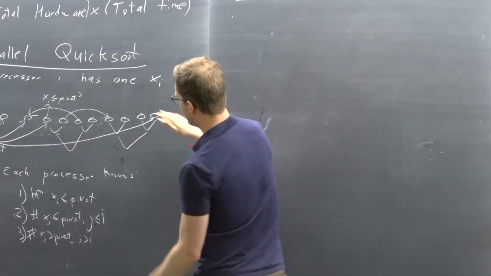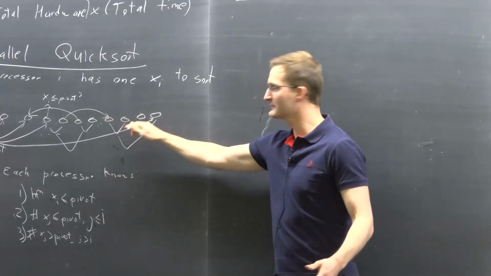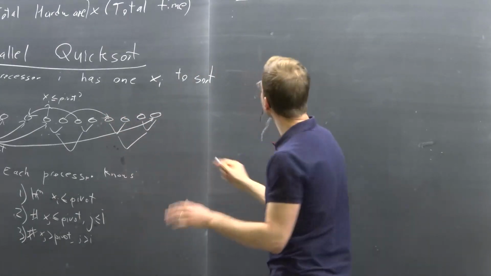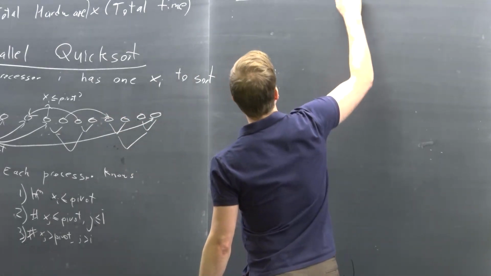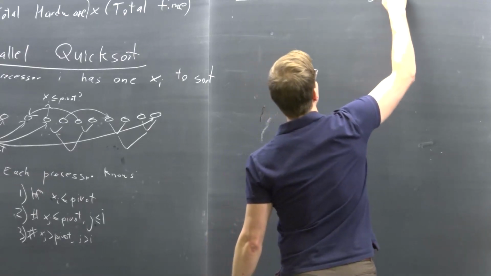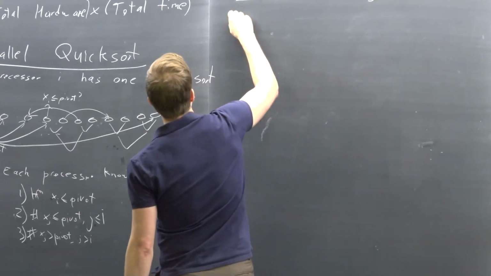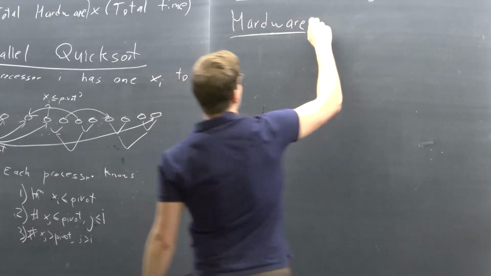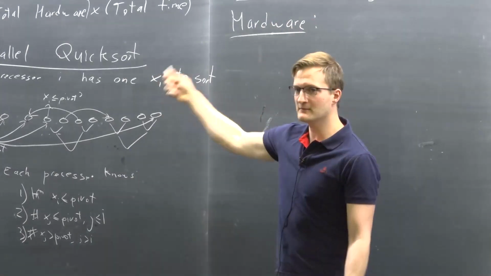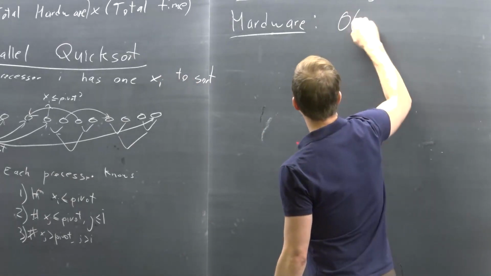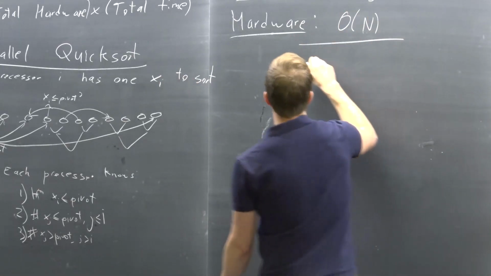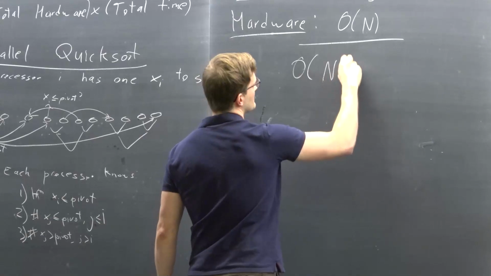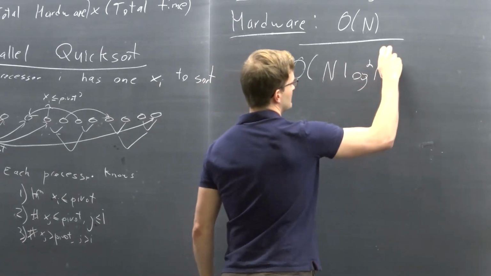So we end up with logarithmic time for each list, and then a logarithmic number of recursions, so O(log squared n). And the hardware cost, well, we only have n memory, we only have n processors, so also O(n log squared n).